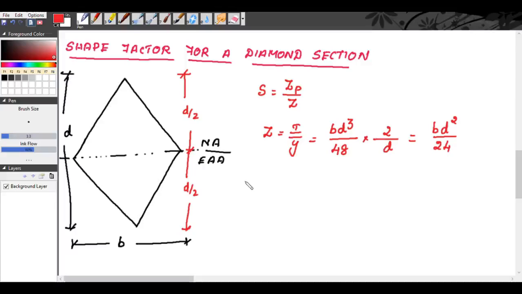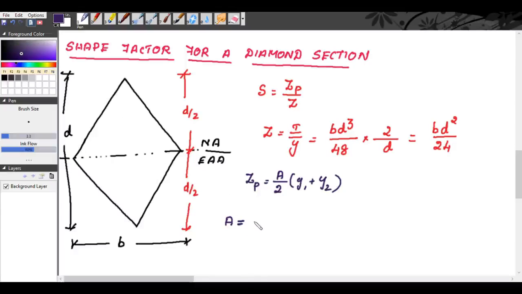Now we will calculate ZP. So what is ZP? ZP is equal to A by 2 into Y1 plus Y2. So area we know. See how will we calculate the area? First of all, we will calculate the area. Area is equal to, see this diamond section is a combination of two triangles, right?